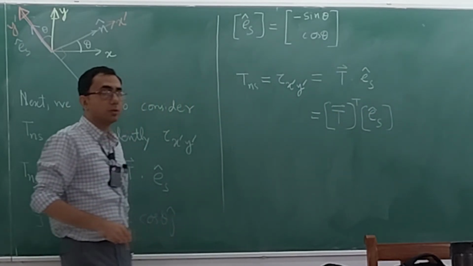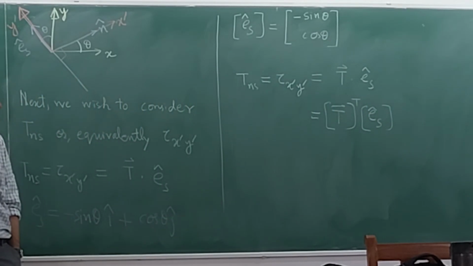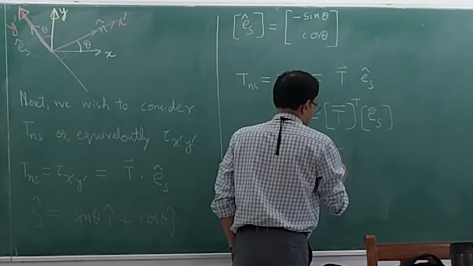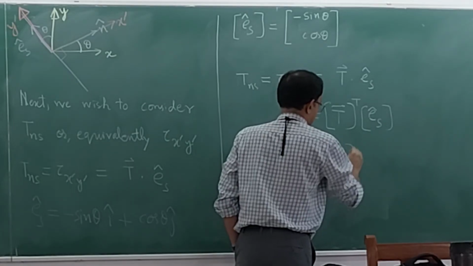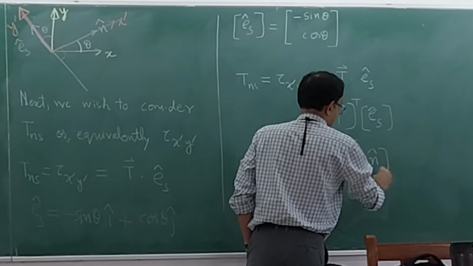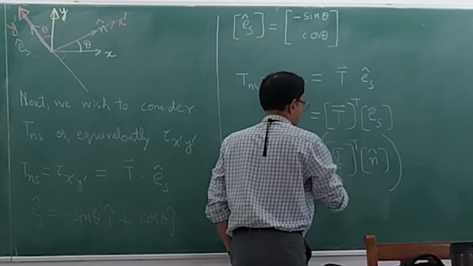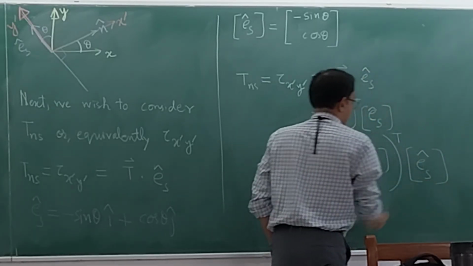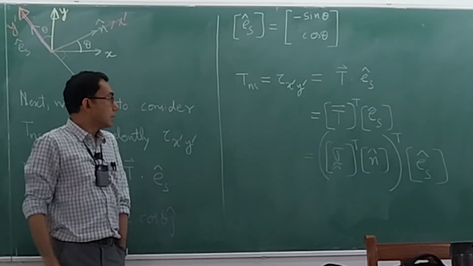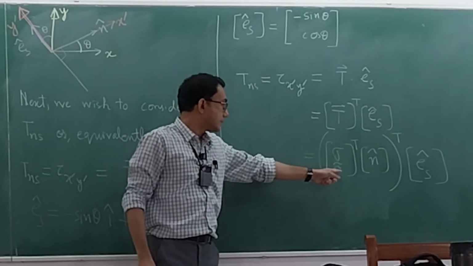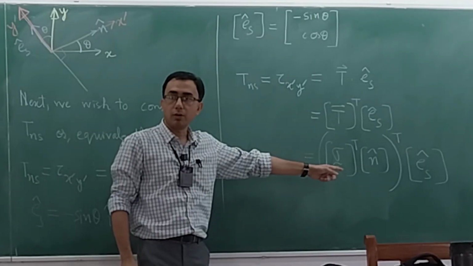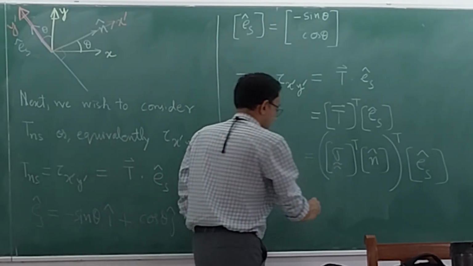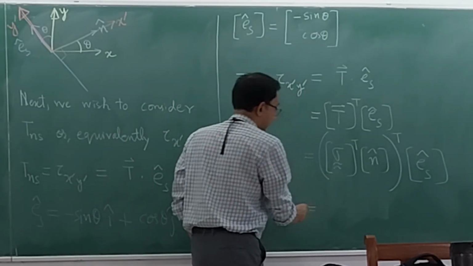It is exactly like before. Instead of n hat, I am using Es hat. From T vector to this sigma transpose n, I am using Cauchy's law, which I have derived in the beginning of the class or the previous class.